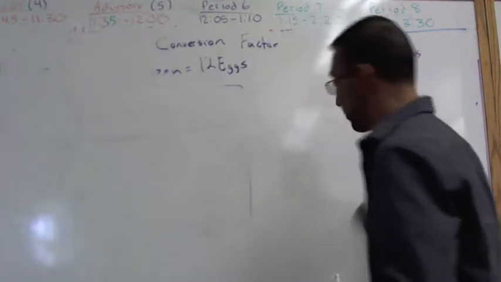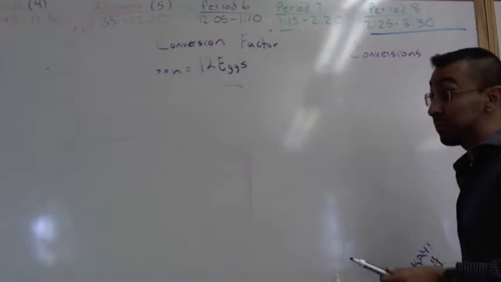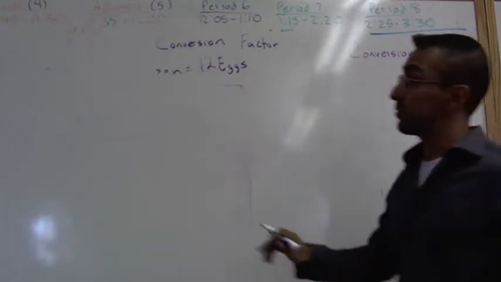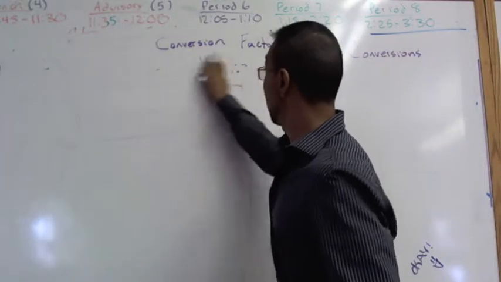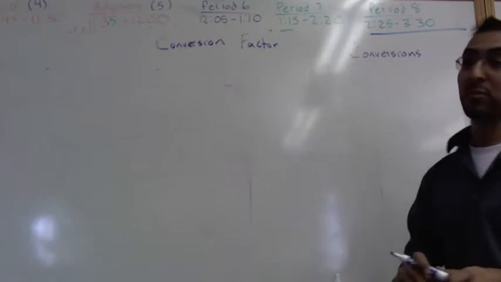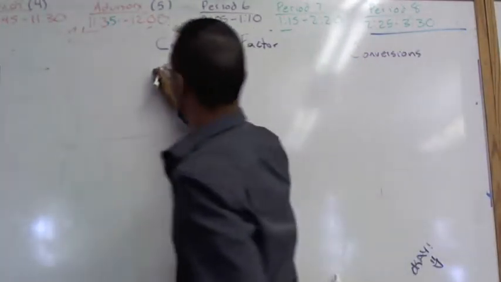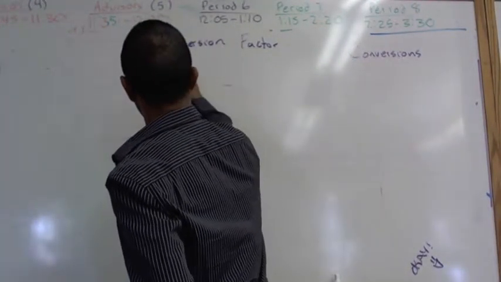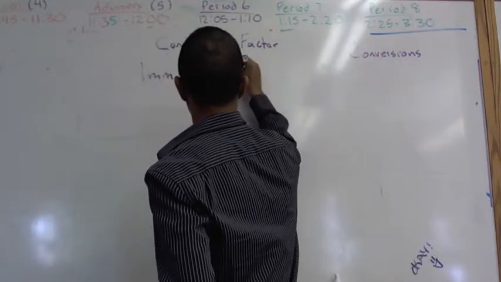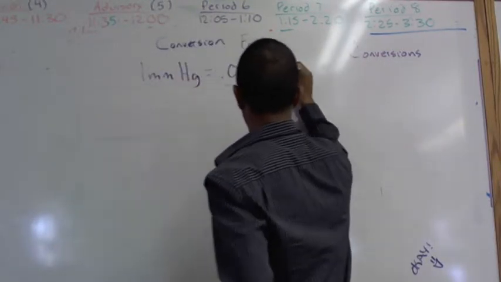Because we're talking about pressure, there's two ways of measuring it, more than two ways, but two of them are millimeters of mercury, and we'll talk about that more, and then the other one's atmospheres. The conversion factor for that is 1 millimeter of mercury is equal to 0.0013 atmospheres.